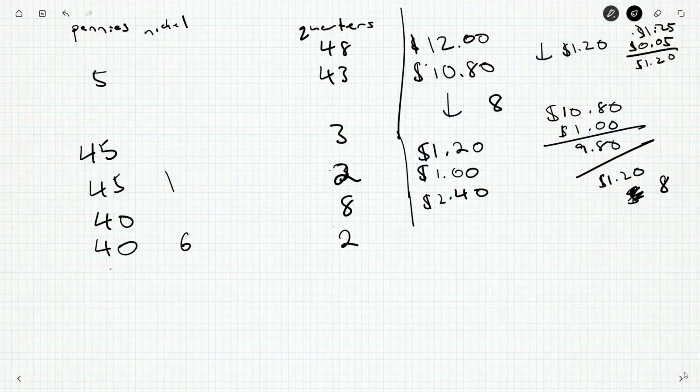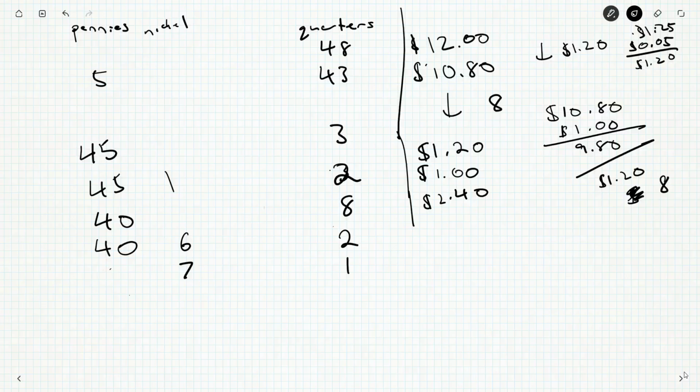How about if we just had 1 quarter and only nickels? So that'd be 25, 35, and 40. That actually works. So 40 pennies, 7 nickels, and 1 quarter works just fine. Okay.